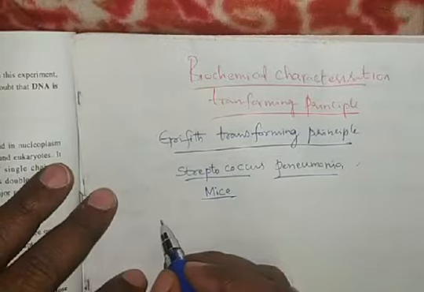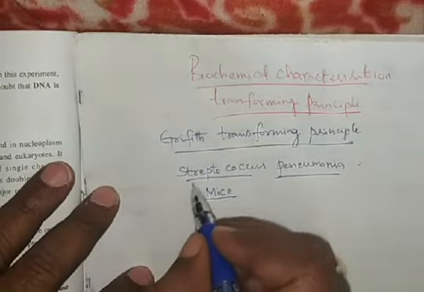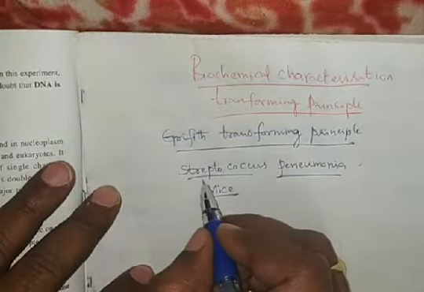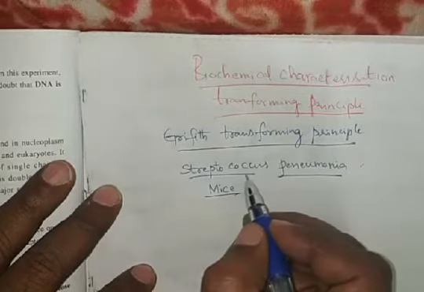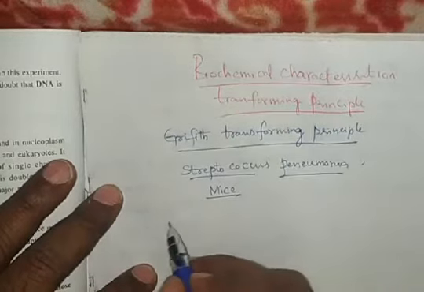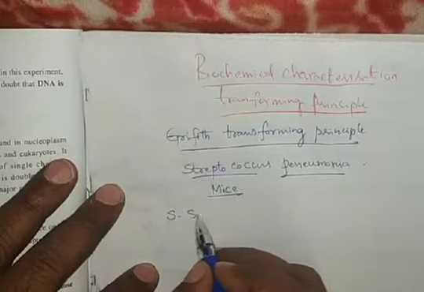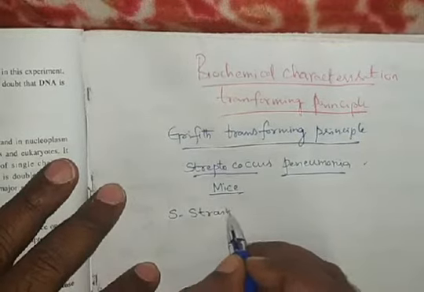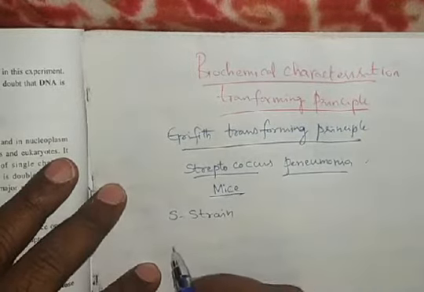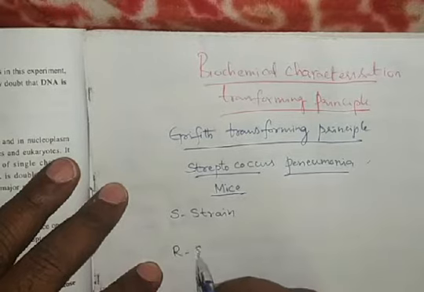And then what did he do? He selected two types of Streptococcus pneumoniae bacteria. One is the S strain, as you know, and the other is the R strain.